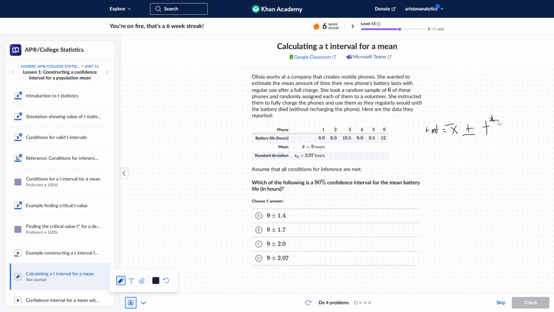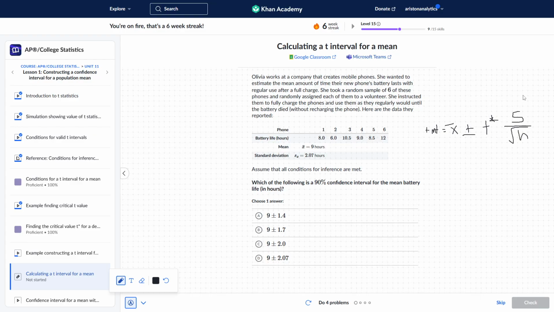T star, which represents our t critical value, and this is S of some sort, and this is square root of n.